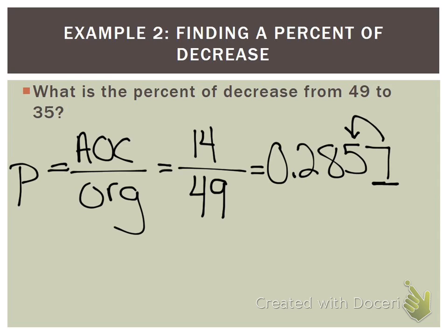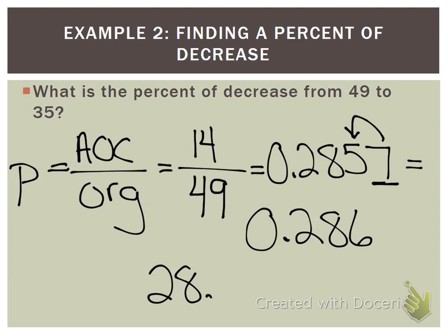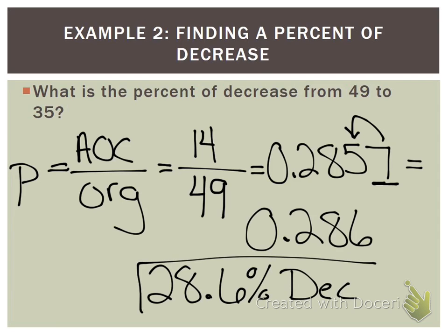Anytime any of these problems keep going, like a repeating decimal, go out 4 decimal places and round to the 3rd. So now we get 0.286, and it's 28.6% decrease. From original to new, my values went down, so it's a decrease, and that's my answer.